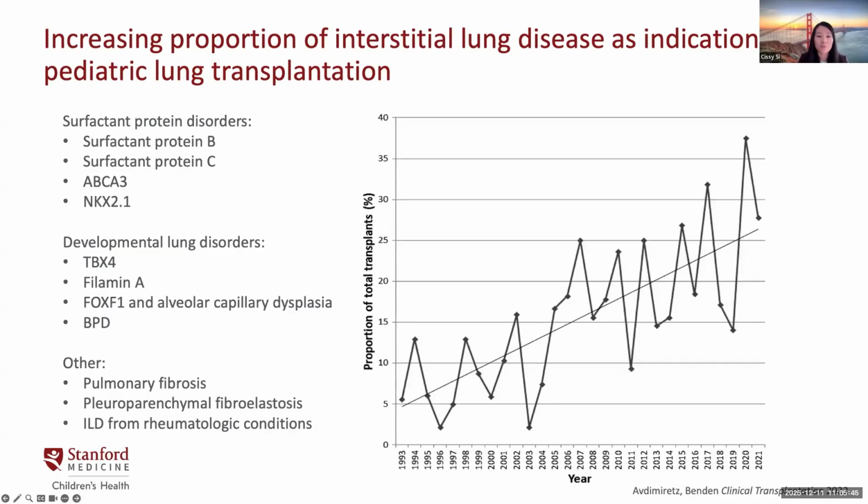In addition, bronchopulmonary dysplasia in our patients who are born premature also are in this category. There are other indications that are in this umbrella term of interstitial lung disease, such as pulmonary fibrosis, pleuroparenchymal fibroelastosis, as well as diffuse lung disease from underlying rheumatologic conditions.